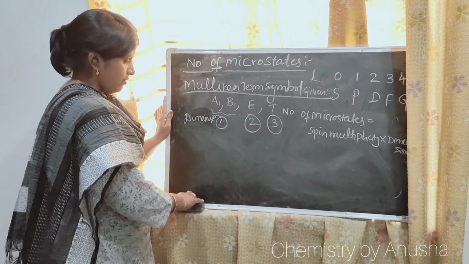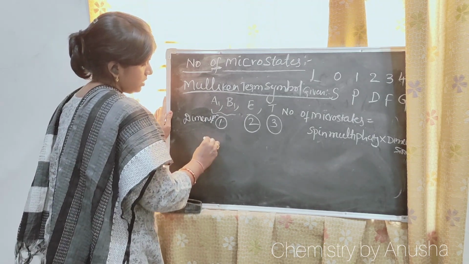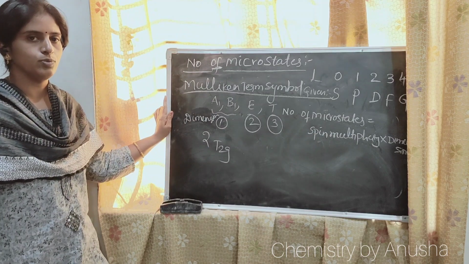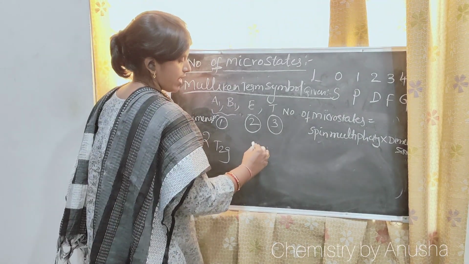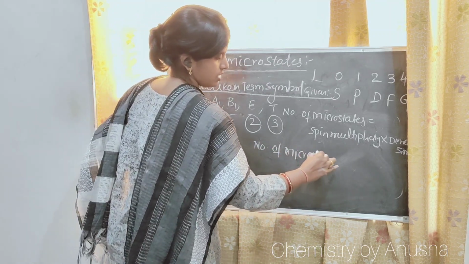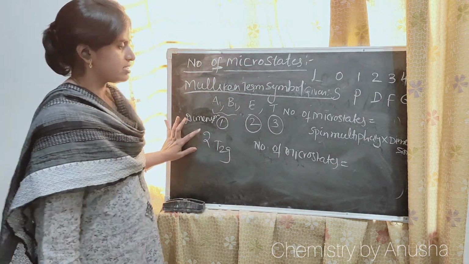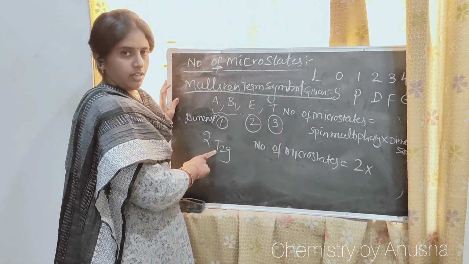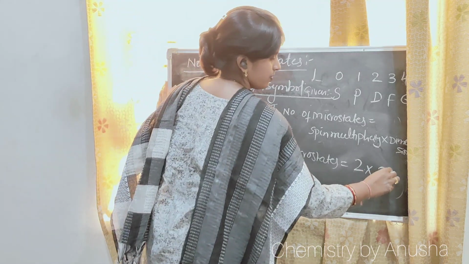For example, if the Mulliken term symbol 2T2g is given, what will be the number of microstates? The number of microstates is equal to the spin multiplicity, 2, into the dimension of the T term, which is 3.